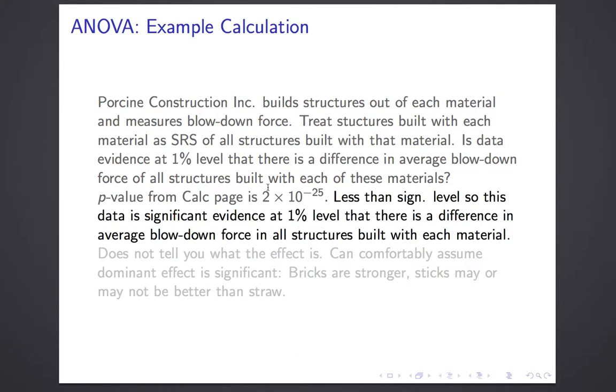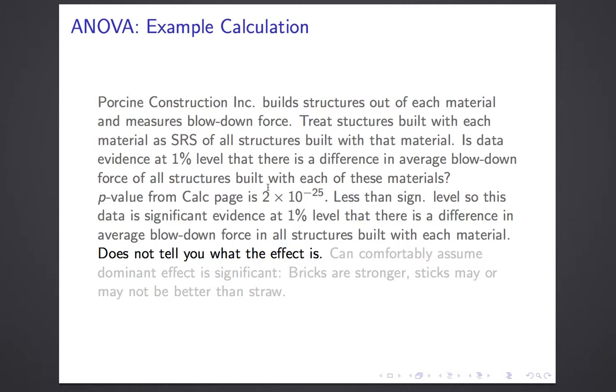So this data is significant evidence at the 1% level that there's a difference in average blowdown force in all structures built with each of these 3 materials. Notice it does not tell you what the effect is. Okay? There could be all sorts of ways in which the means could differ, and if you have many samples, that can be a complicated question.